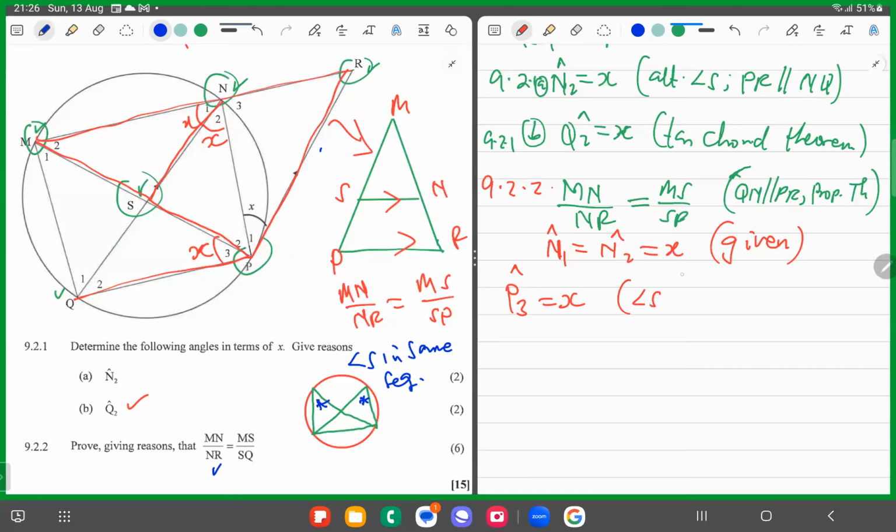The angles in the same segment. So we've seen that this one is x, this is x, and that obviously is x.